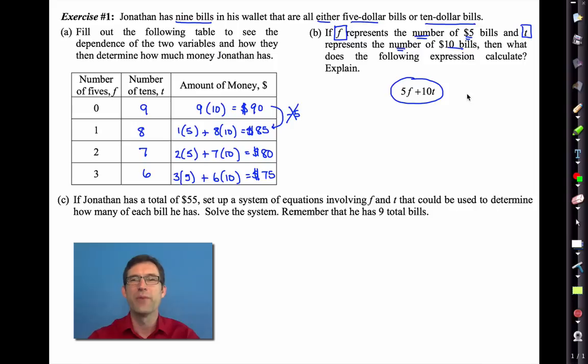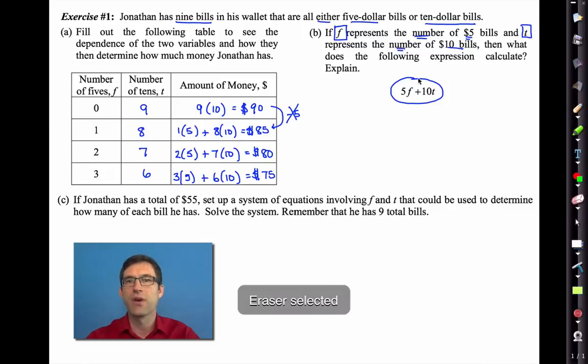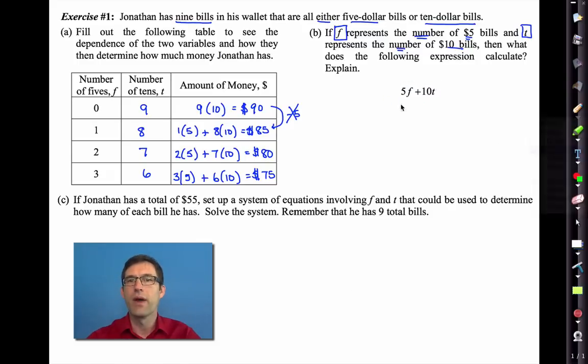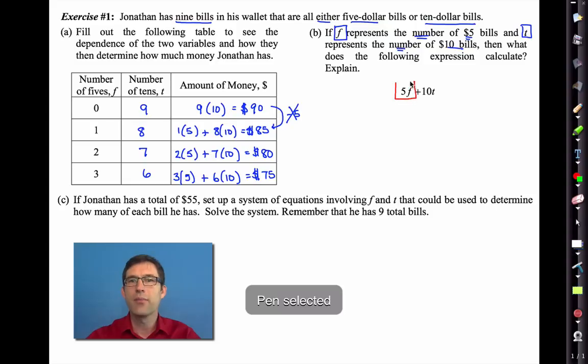All right, let's go through it. Well, if we take the number of $5 bills and we multiply it by 5, this is how much money he has in 5s.